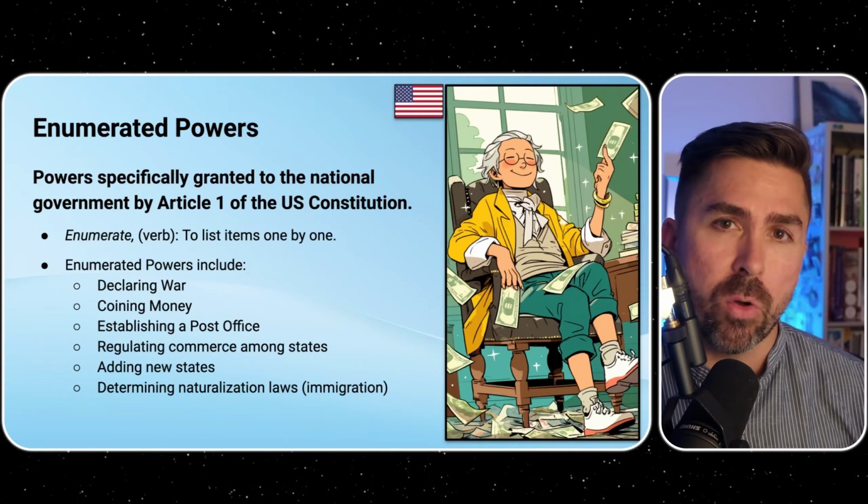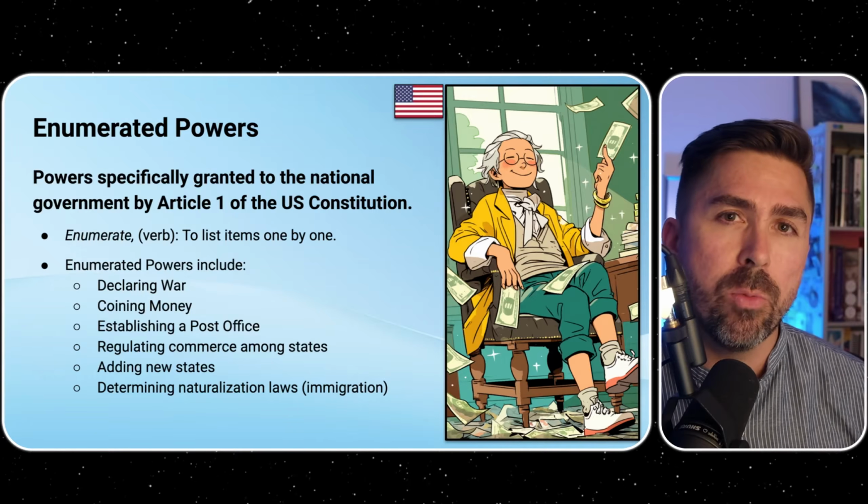And the founders believed that Congress should have most of the power because it was the most responsive to the people. It was closest to the people. And so when you look at Article 1, it is quite long and it contains a lot of information, not only about Congress, but what they're allowed to do. And if you look at Article 1, you're going to find something called enumerated powers.